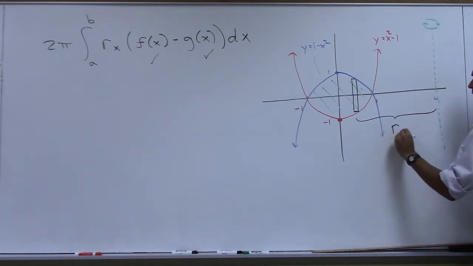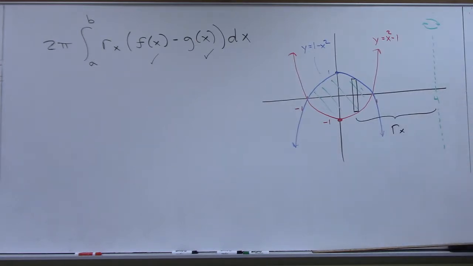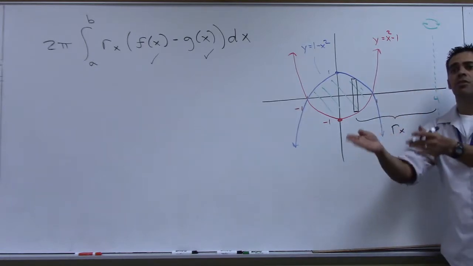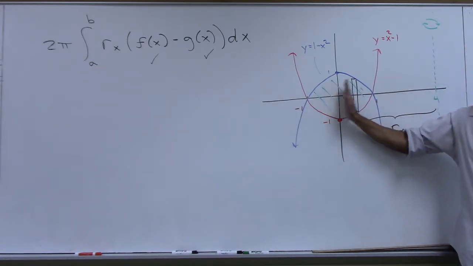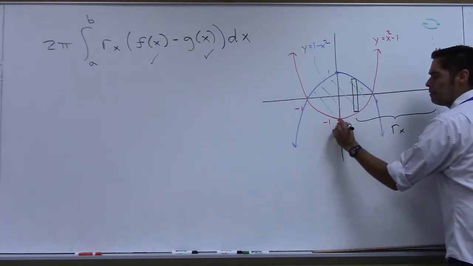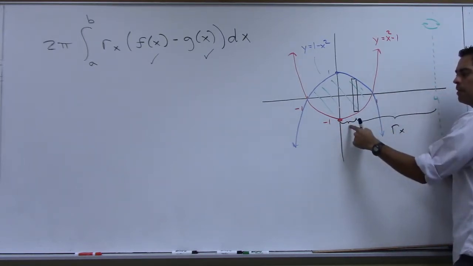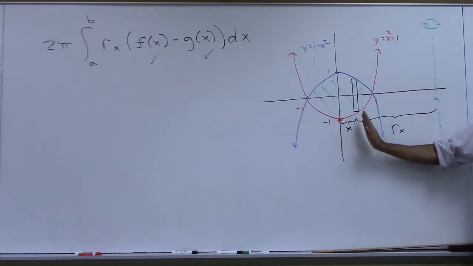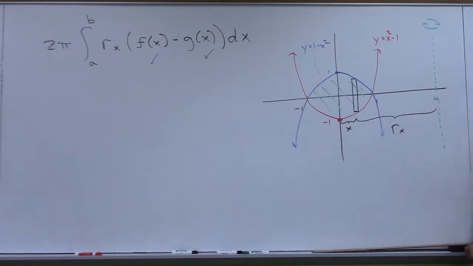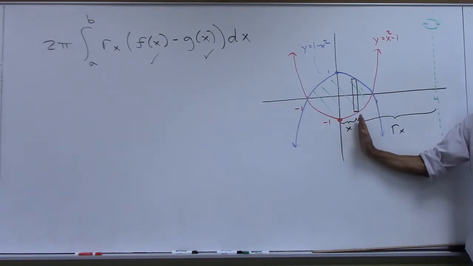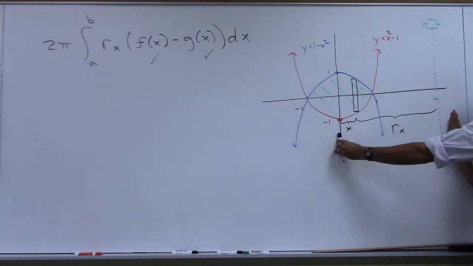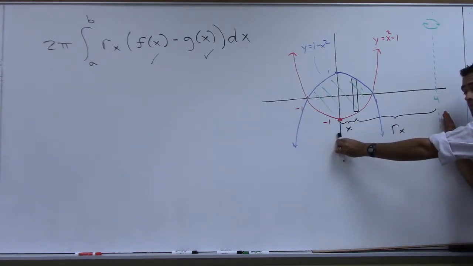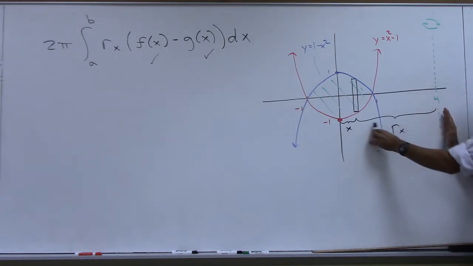This is r of x. The one thing we do know is the distance from the origin to the rectangle. The distance from the origin to the rectangle should always be what? That will always be x. So if from here to here is x, and from here to here is 4, then this has to be 4 minus x.